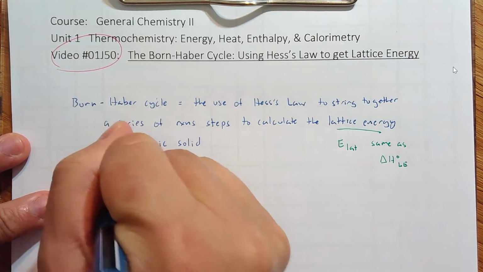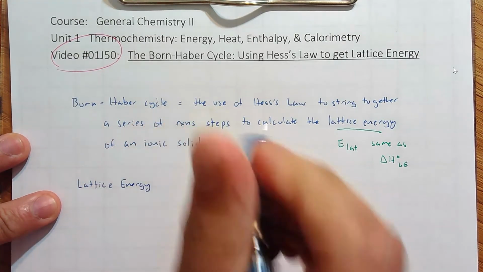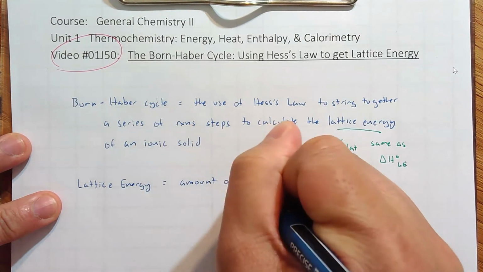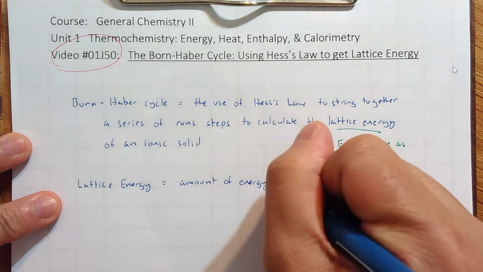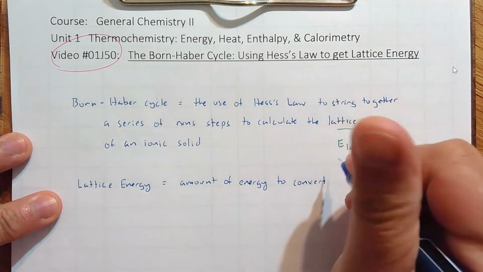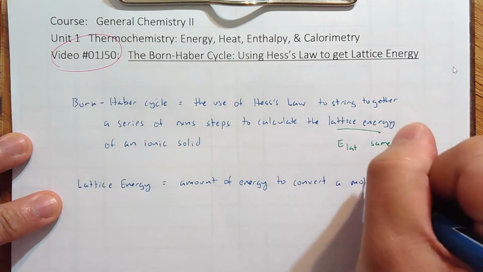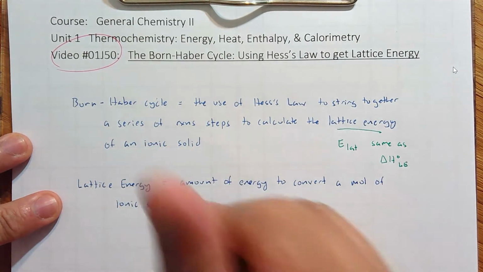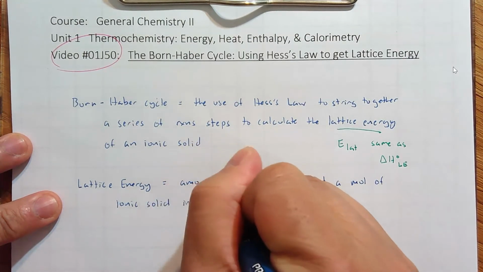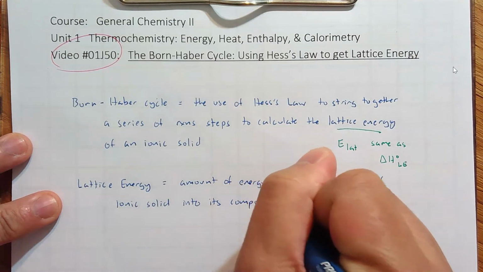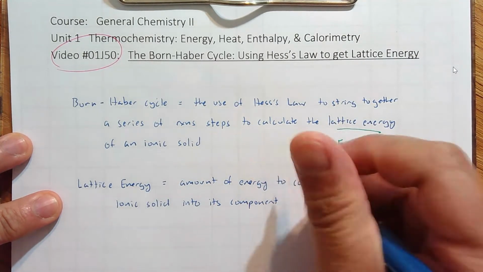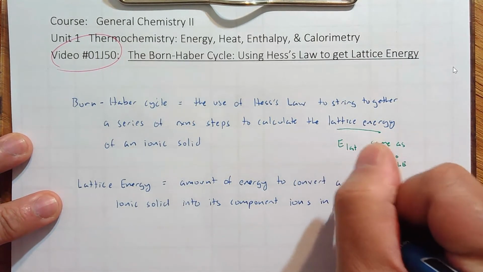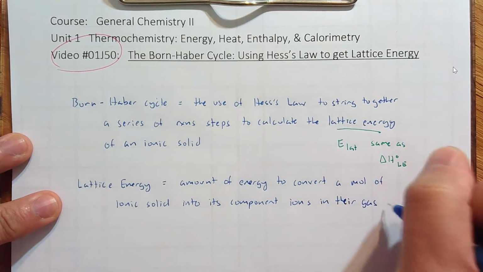We've forgotten. Lattice energy equals the amount of energy, so it's positive, to convert a mole of ionic solid into its component ions, or constituent ions, in their gas phase.